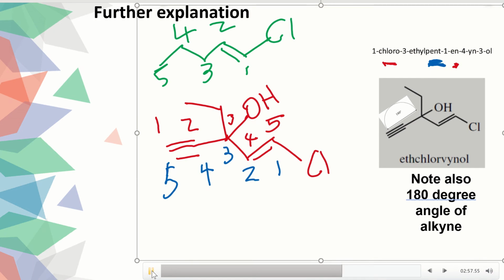So at this position here, we have an ethyl, and we also have an alcohol. So we can go ahead and put in our OH there. At position 4, we have yne. So at position 4, we have our triple bond.